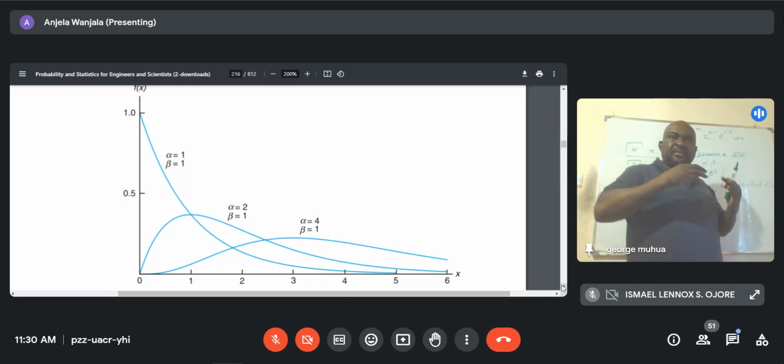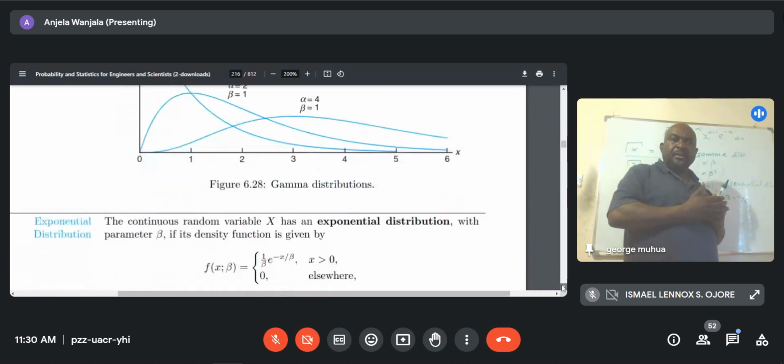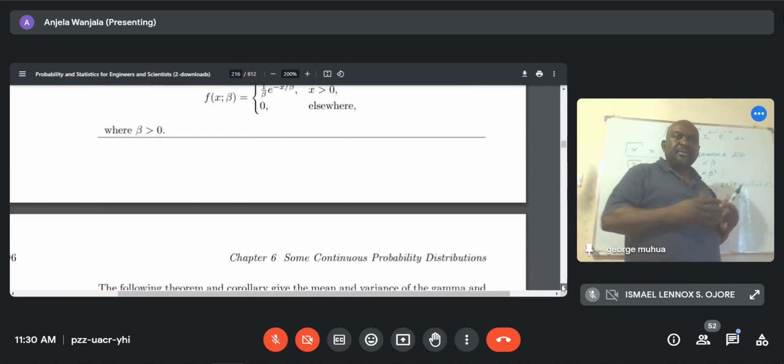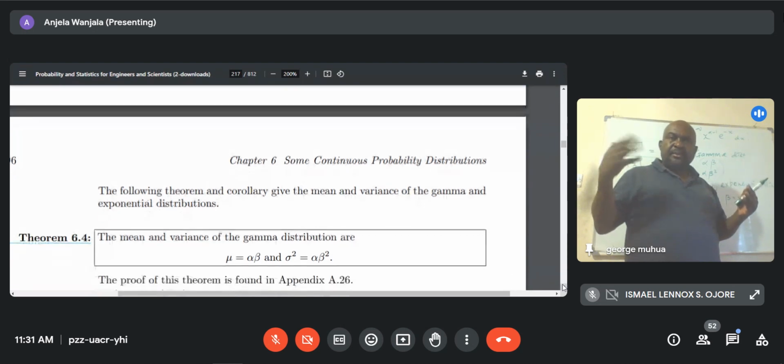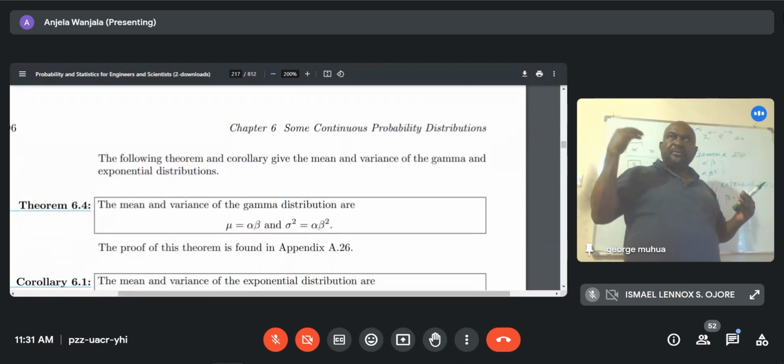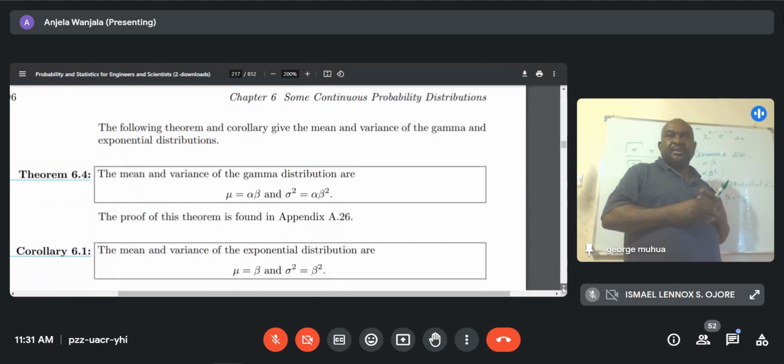There's something called the central limit theorem. I don't know whether you came across it. It is the one that tells us what happens as certain values become higher. In terms of sampling, we would talk about that later. When you pick many values, most of the distributions tend to normal.